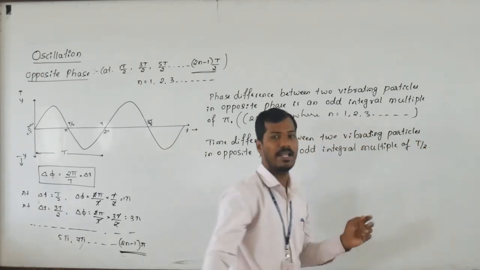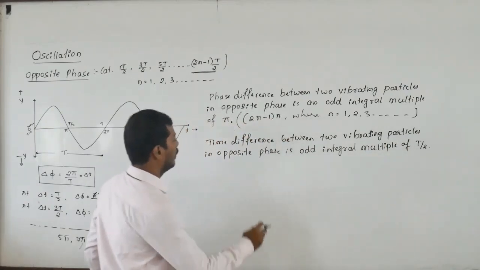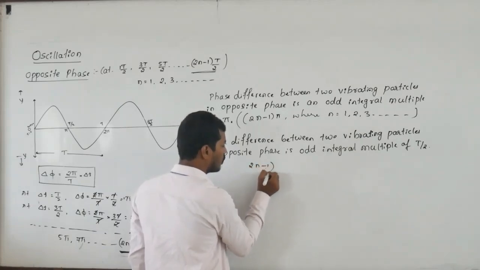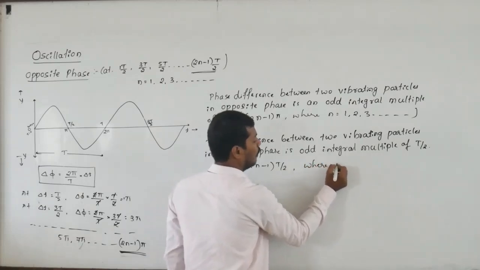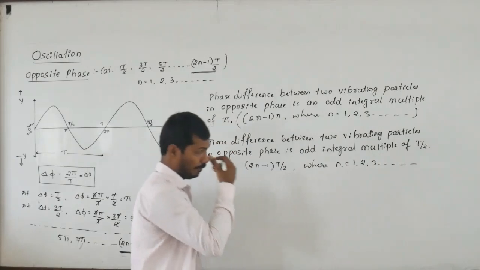It is half of the time period. Then it becomes 2n minus 1 times T by 2, where n is again 1, 2, 3, and so on.